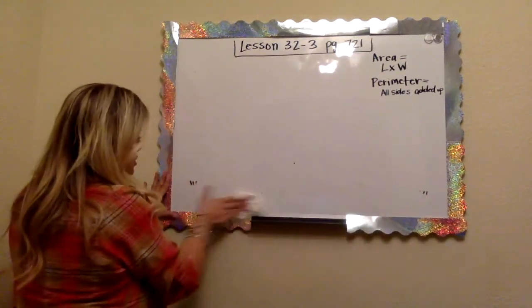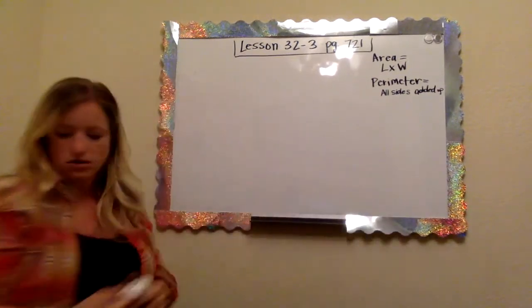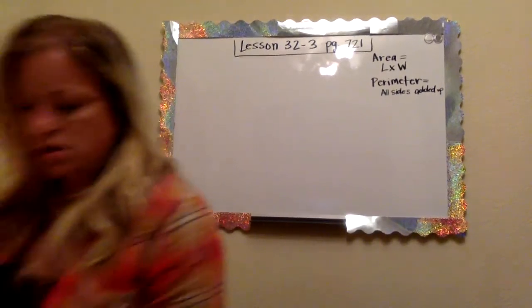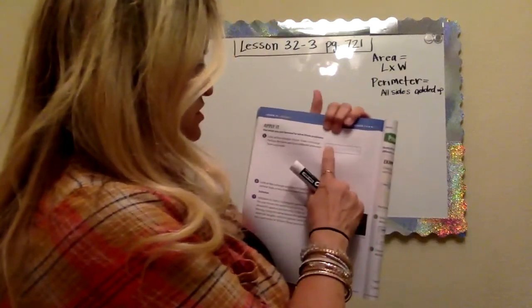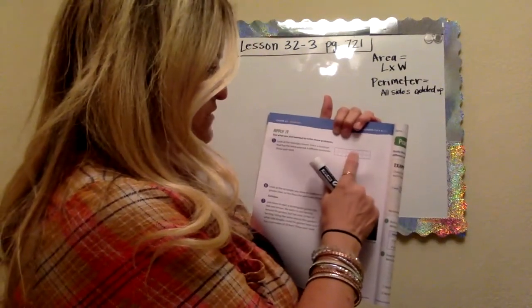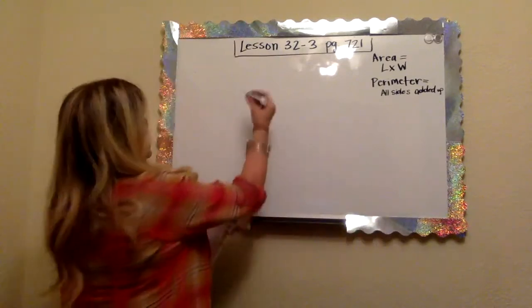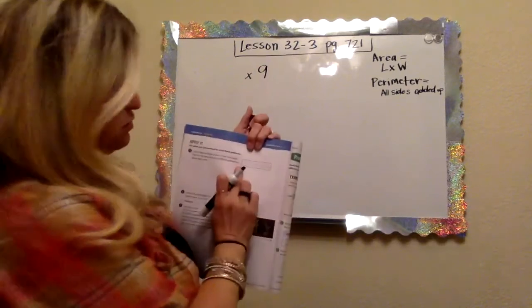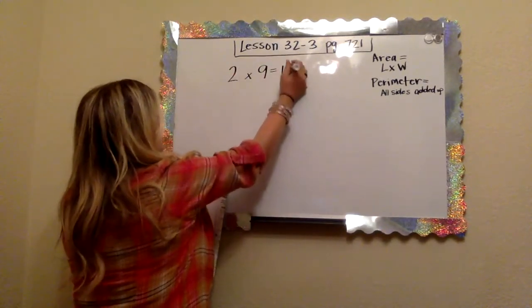The first thing you're going to do is count up how many squares make up the length and how many make up the width. So it's 1, 2, 3, 4, 5, 6, 7, 8, 9. I'll put that second because it's groups of 9, and it's 1, 2. So 2 groups of 9 is 18.